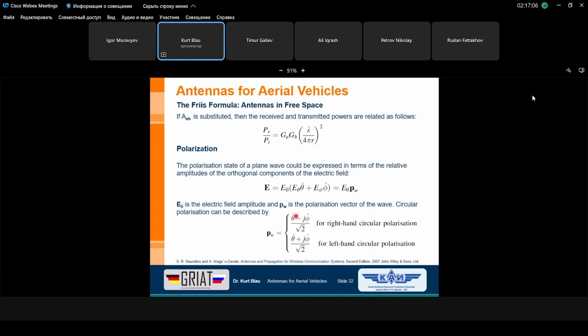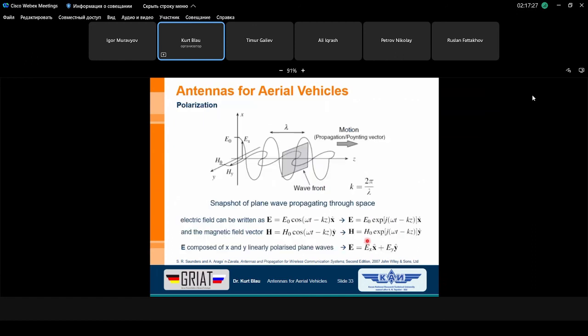The mean value is defined by 1 divided by the square root of 2 in both cases. And if we combine it to look for the total power, then we have here 1 divided by the square root of 2 squared. It's then again the half power that is contained in this wave.